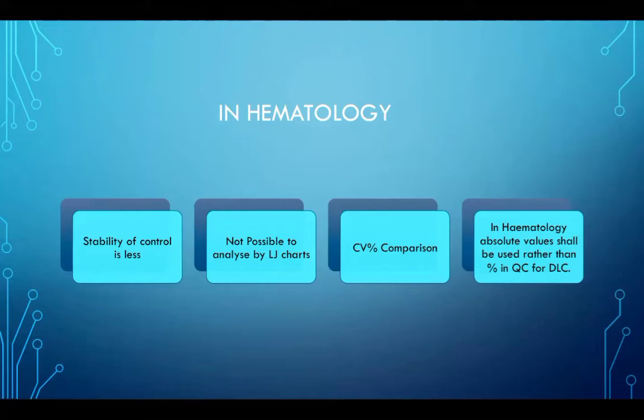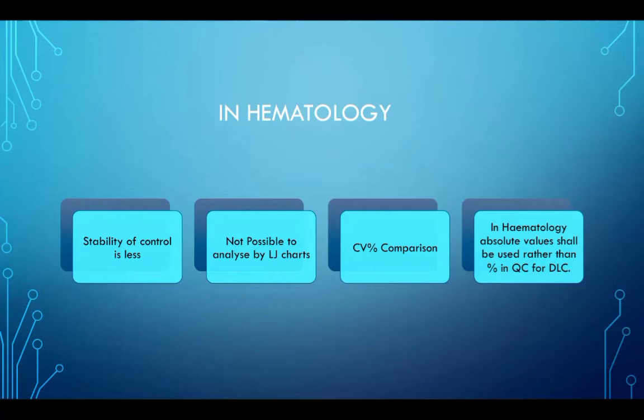So we cannot plot a Levey-Jennings chart. And in the data, they are providing us the mean, with upper and lower limits of comparison, but they are not providing us standard deviation. So we cannot plot a Levey-Jennings chart.